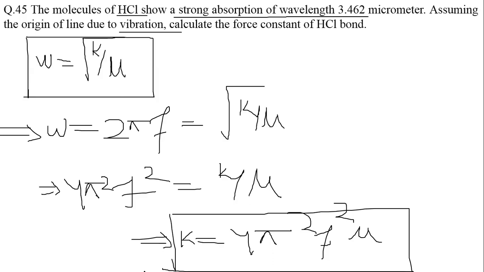Since it is HCl, we can calculate the reduced mass. So the reduced mass of HCl will be how much? The reduced mass of HCl will be mass of hydrogen into mass of chlorine divided by mass of hydrogen plus mass of chlorine.